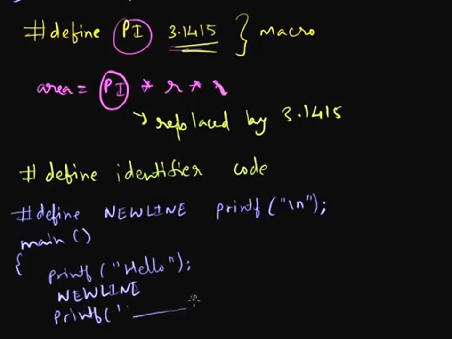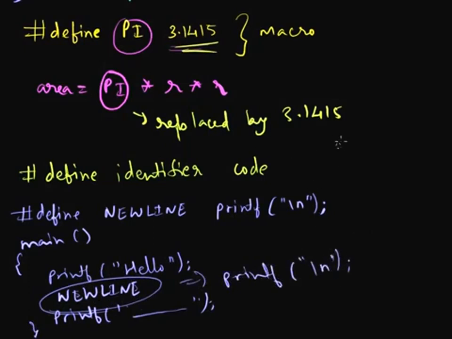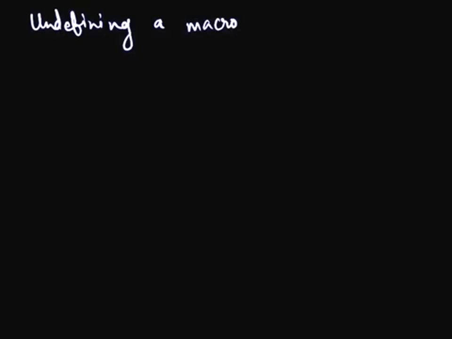You can have anything here. Now the expanded source code will be printf hello, and this will be replaced by printf \n. So it actually replaces your identifier with your code.